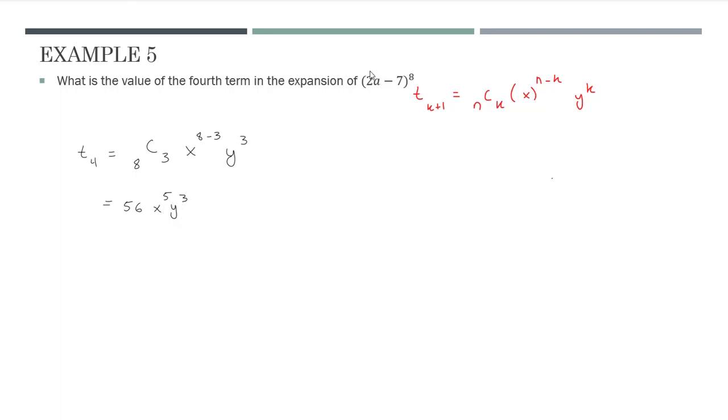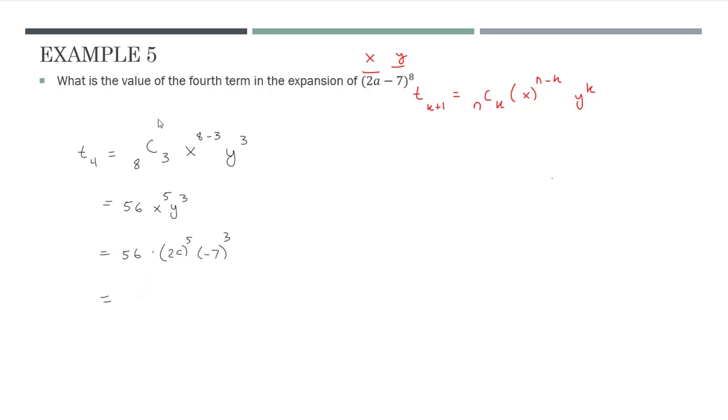Next, x is actually this first term, and the y is the minus 7. So I'm going to substitute those values in. So 56 times, now x is 2a, and that's going to be to the power of 5, and then y is negative 7. Again, that negative is very, very important there. It is going to matter this time. We're going to end up having a negative answer because of that.